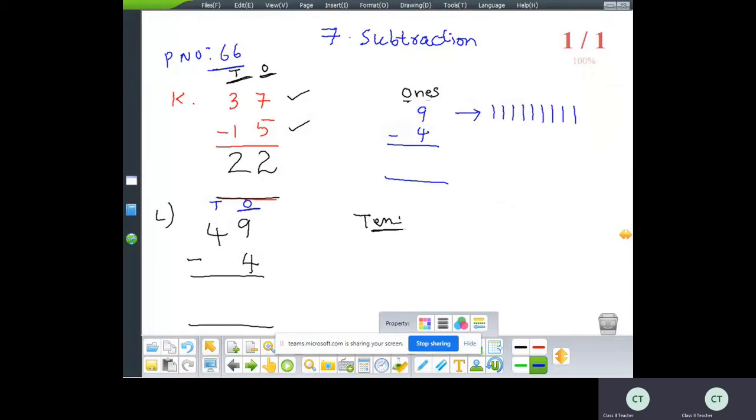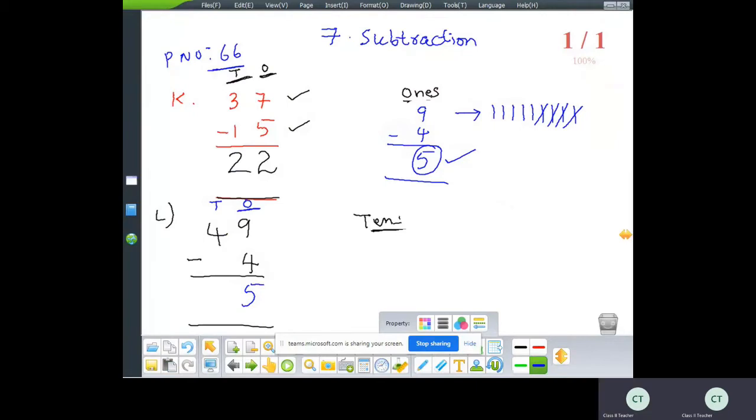Now we remove 4 lines from 9 lines: 1, 2, 3, 4. After removing 4 lines from 9 lines, there are 5. 9 minus 4 equals 5. The answer is 5. This answer we write in the one place.